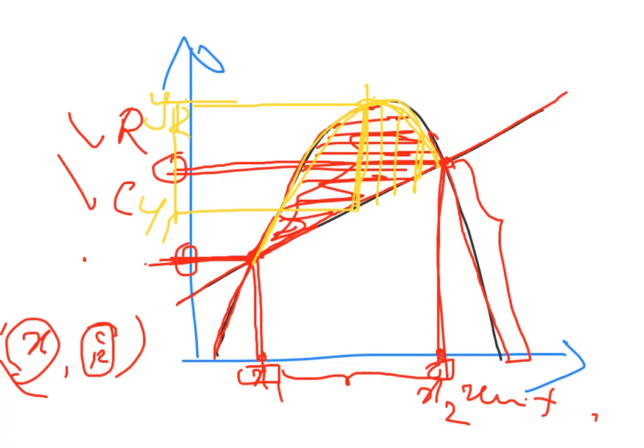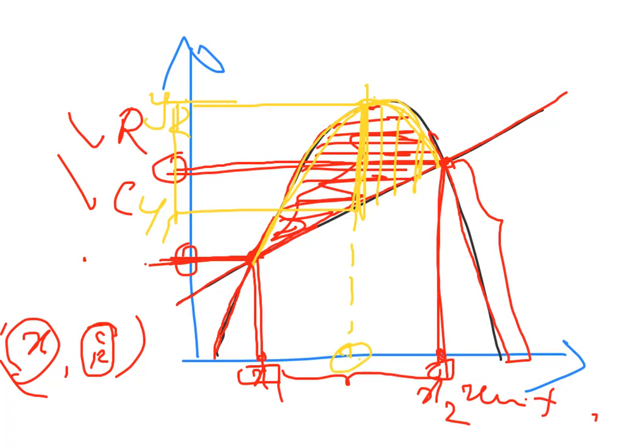And also we know that when we draw from this vertical distance down to our x-axis, the point where it touches the x-axis is the number of units.